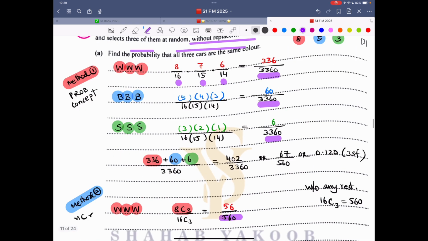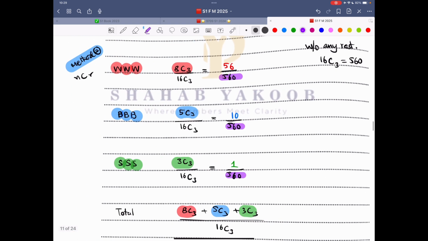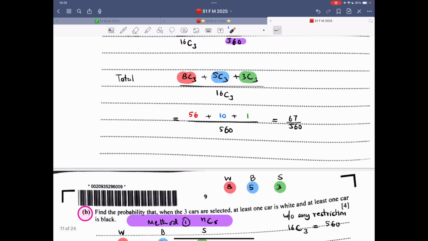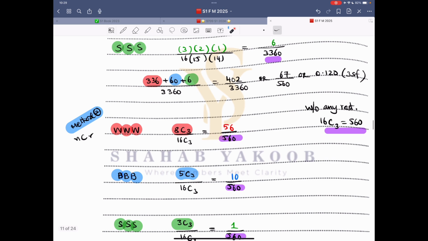Over here, we are using the concept of 16C3. All 3 are white, so only white is considered, 8C3. All 3 are blue, 5C3. All 3 are silver, 3C3. 56, 10, 1. Now this one is already the answer in the reduced form. That is 67 over 560. This came out to be this, reduced to this thing.